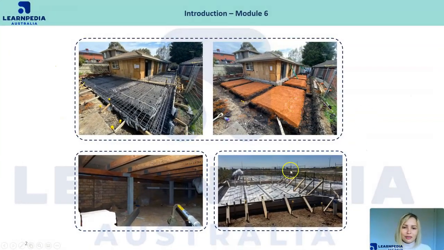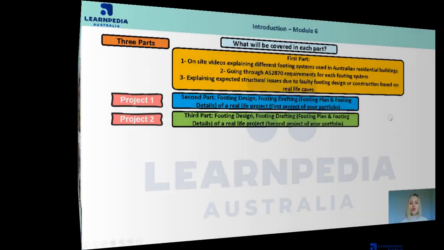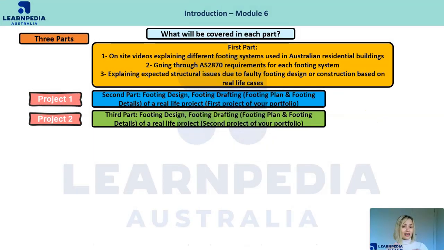Now, like the previous modules, I will be using lots of on-site photos and videos to make sure that whatever is explained, there is an image for it and you can visualize it.